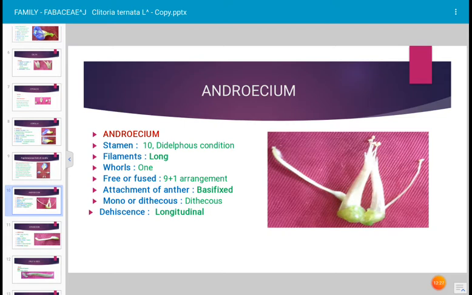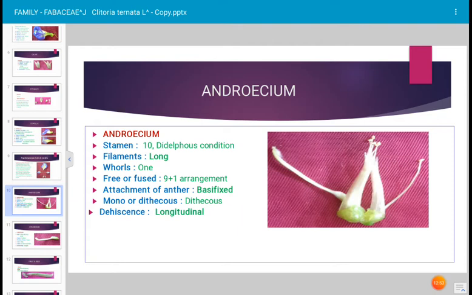Filaments are long. What is filament? Filament is the stalk which supports the anther. What is stamen? The filament and anther, both the parts together are known as stamen, and filament is long, and the anthers are free, polyandrous condition.